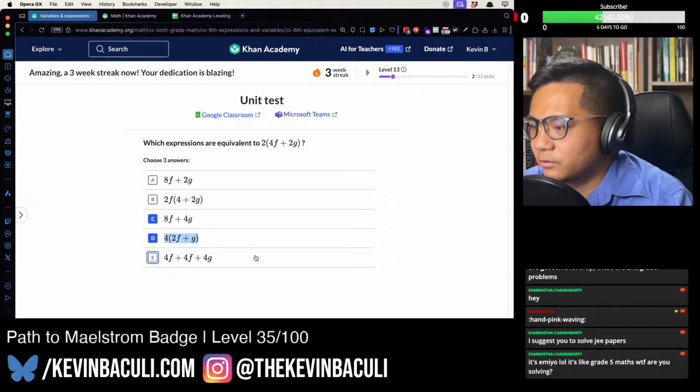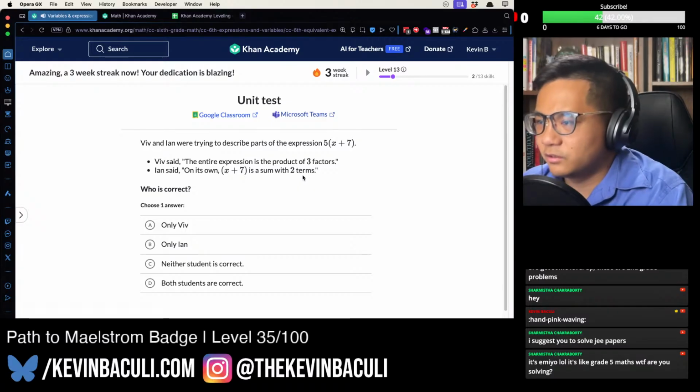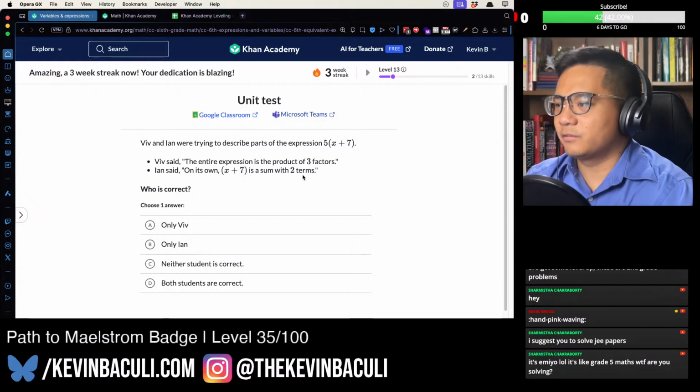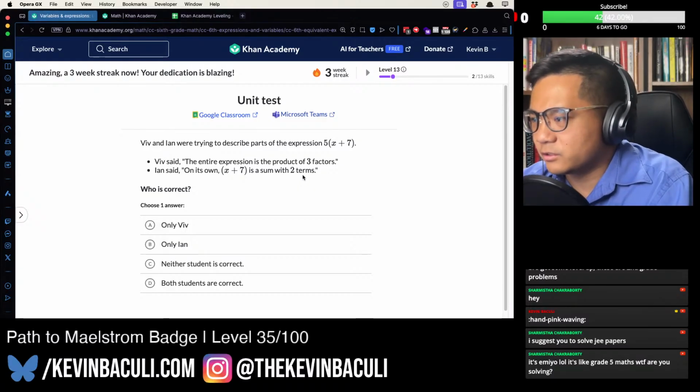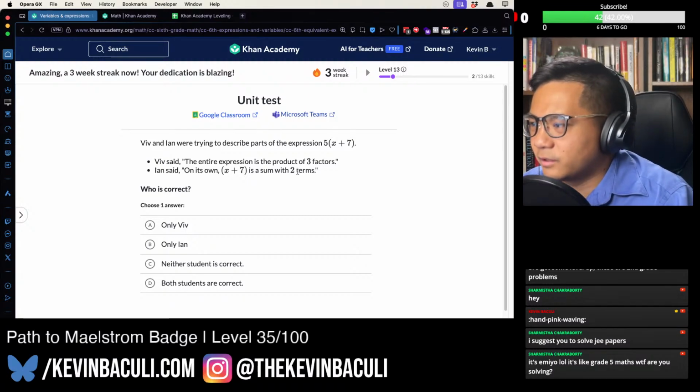That one. Yes. If you need a right to describe parts of an expression. The entire expression is product. 3 factors, that's wrong. It's 2 factors. On its own, sum with 2 terms.